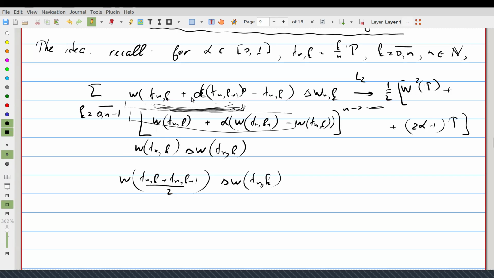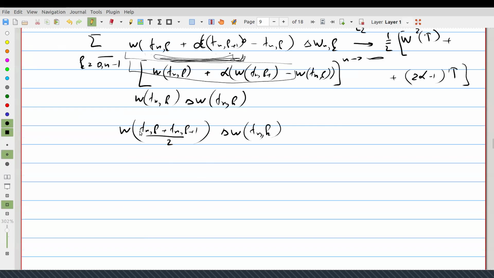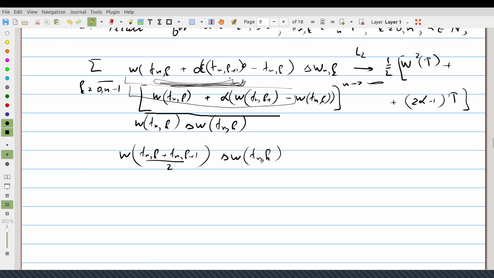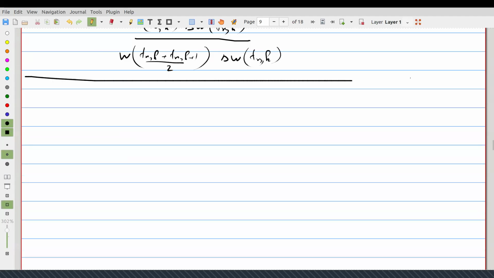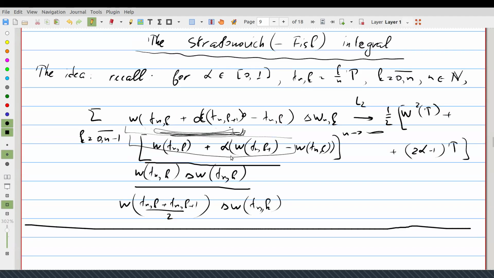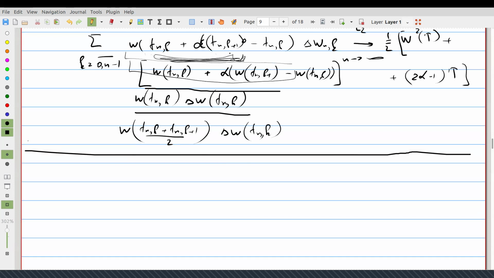And one can actually repeat the Ito theory, but instead of using these as integrals for simple processes, one can do something like this. And this is going to result in a different limit. However, it's easier to introduce this expression by using the Ito integral already.